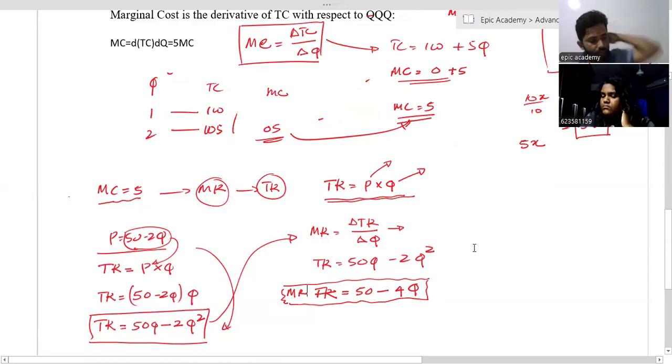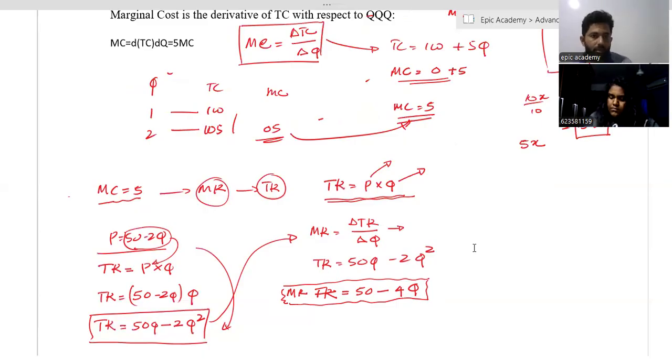I think you can write down the equations for the marginal cost curve and the marginal revenue.